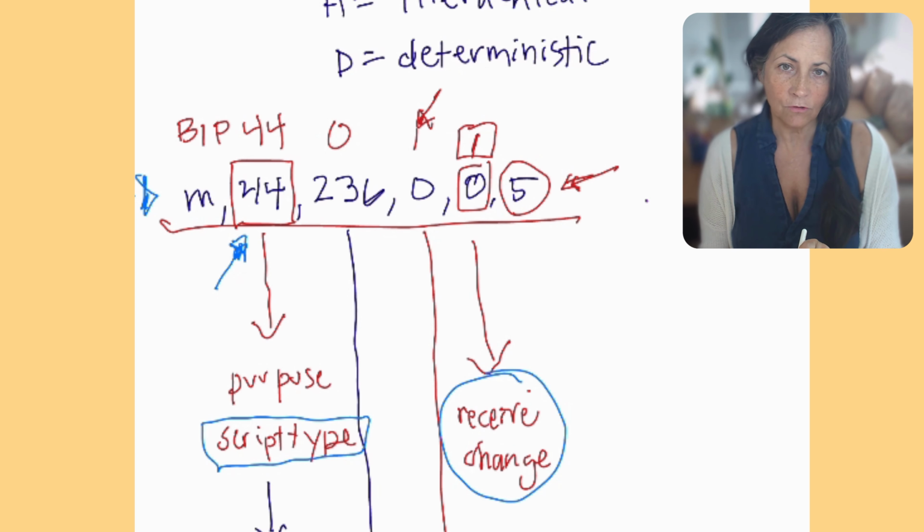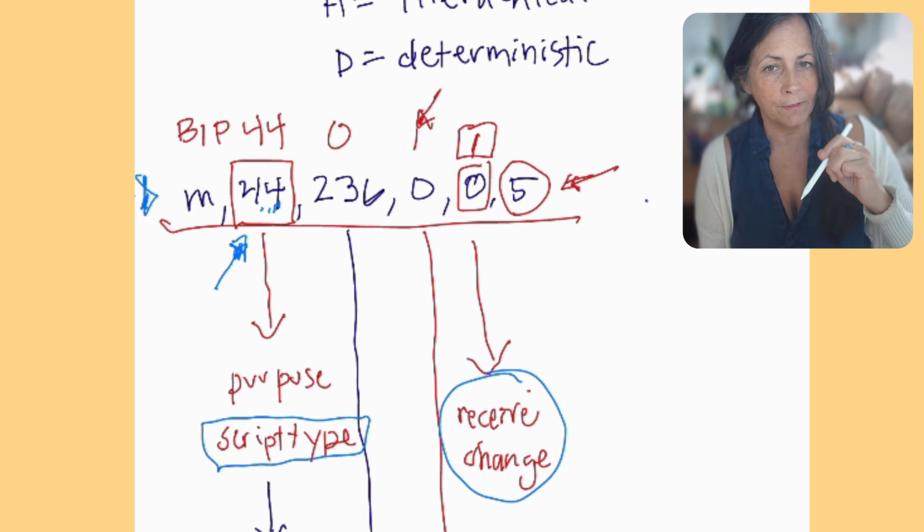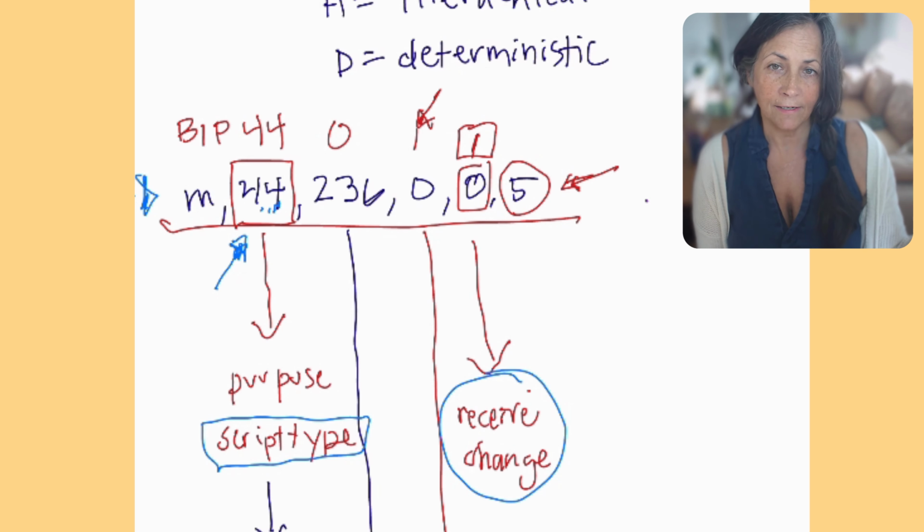And it does whether you just have one coin or many. But in the case of Core Coin, those script types would change out this number 44 here. So that's also interesting.